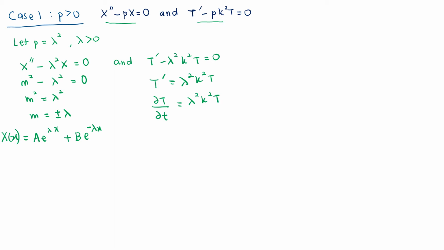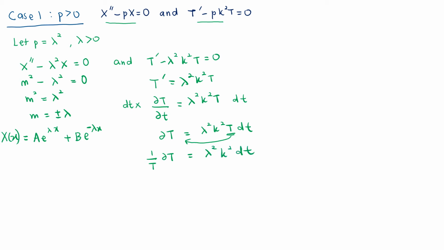If we multiply both sides with dt, you will get del t equals lambda square k square t dt. If we bring this t to the left hand side, we will get del t times 1 over t is equal to lambda square k square dt.